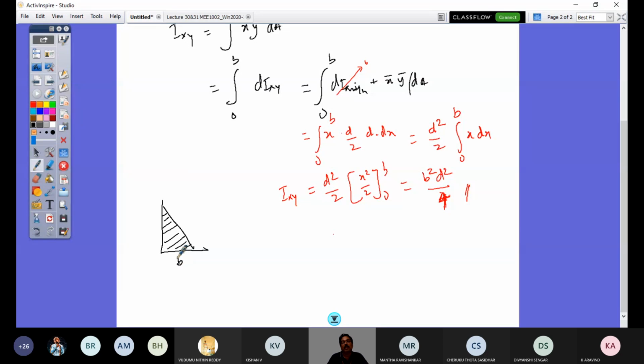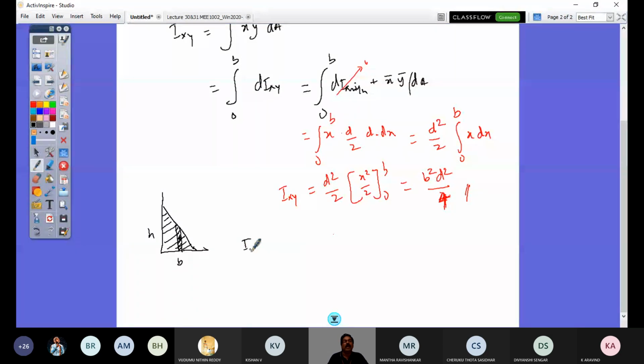The product of inertia about its own centroidal axis is 0. So I have to get this centroid x and y distance. So x distance as well as y distance is going to be varying. So you have to carefully account them. And then you would be able to derive the Ixy about this XY axis.